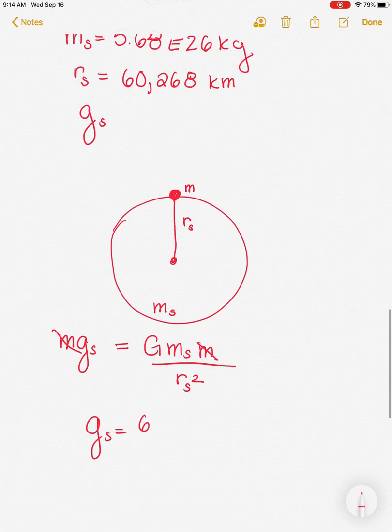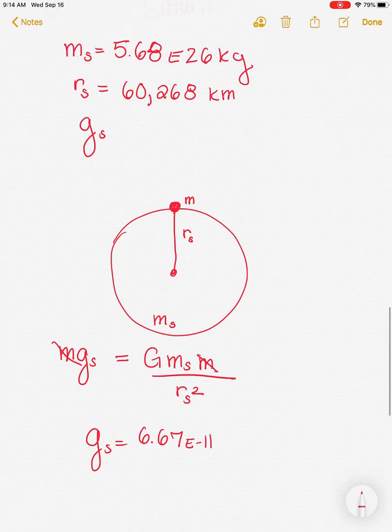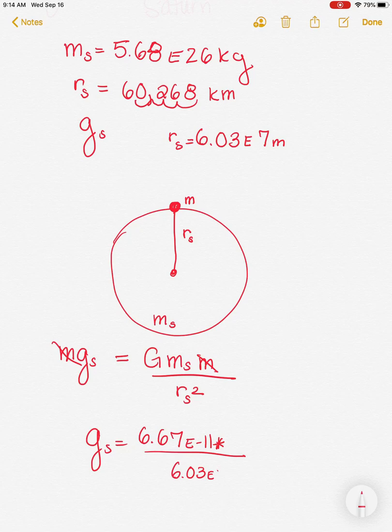So the gravitational constant of Saturn is going to be 6.67 e to the negative 11 multiplied by the mass of Saturn, divided by 6.03 e7 meters, the radius of Saturn in meters, squared.